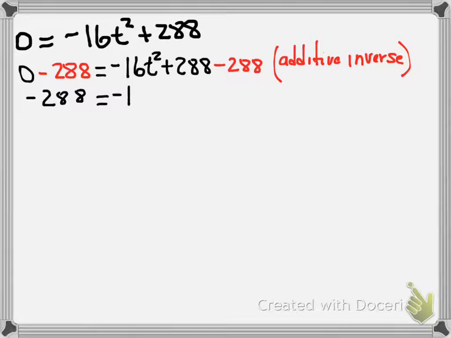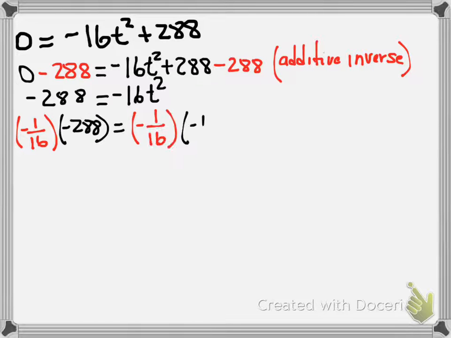Ladies and gentlemen, now we must multiply by negative 1 over 16, because that is the multiplicative inverse of negative 16. And hence, we get the following. So now we have t squared equals 18. That is t squared.